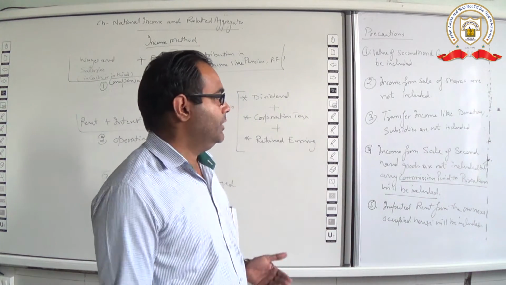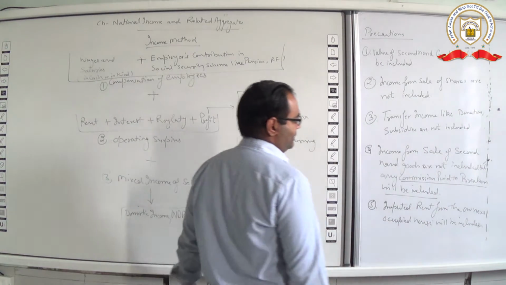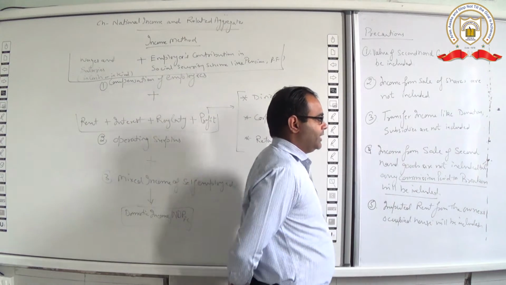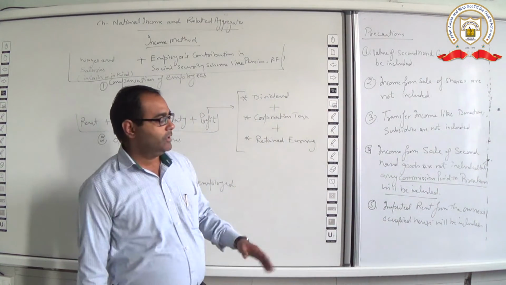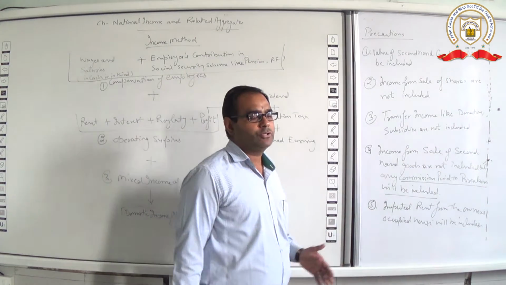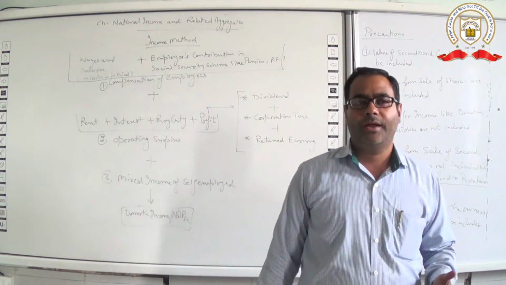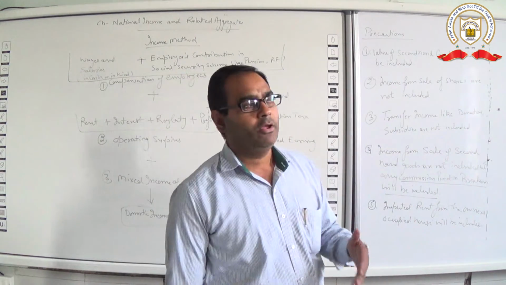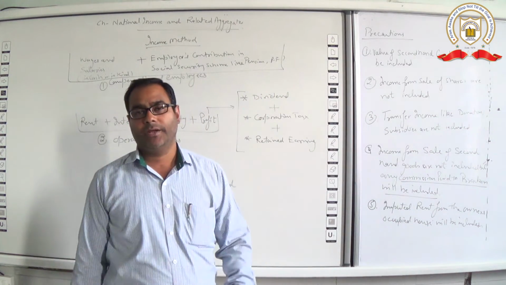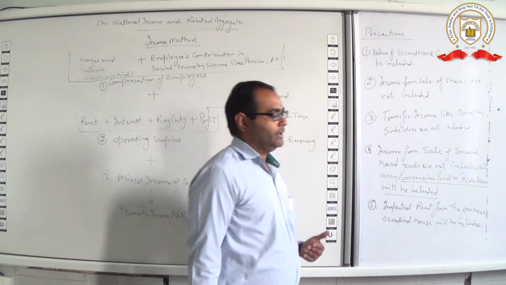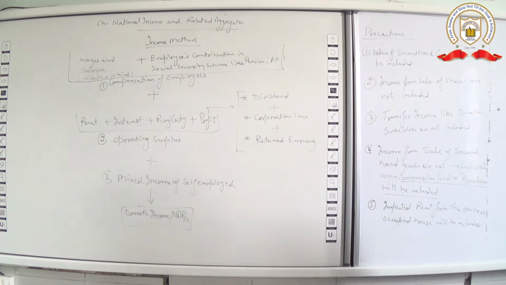It is received without rendering any productive services. Next, imputed rent from the owner's occupied house will be included because the house is providing its services to its owner in the same manner as it provided services to the tenant. So these are the precautions which should be kept in mind while calculating national income through the income method.